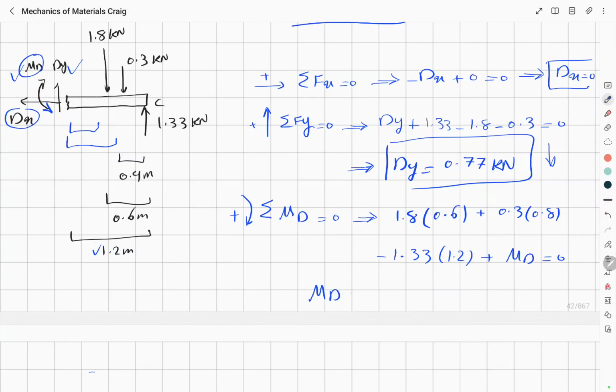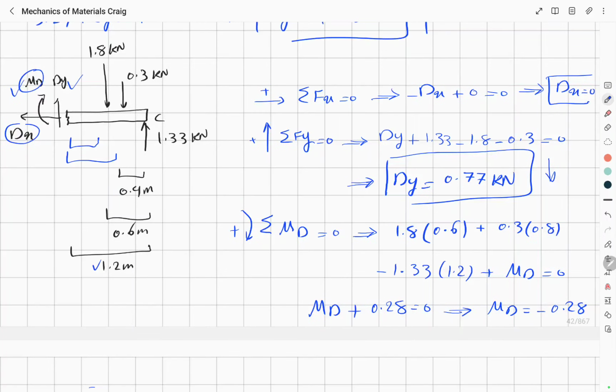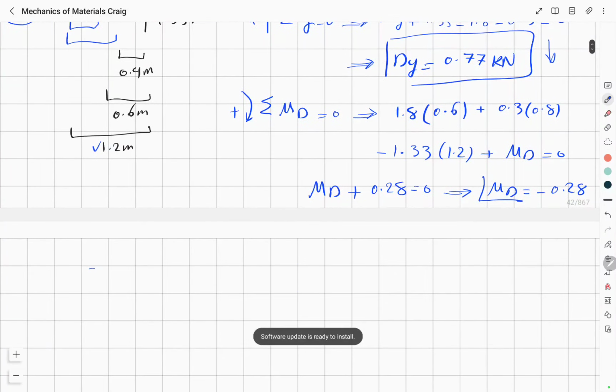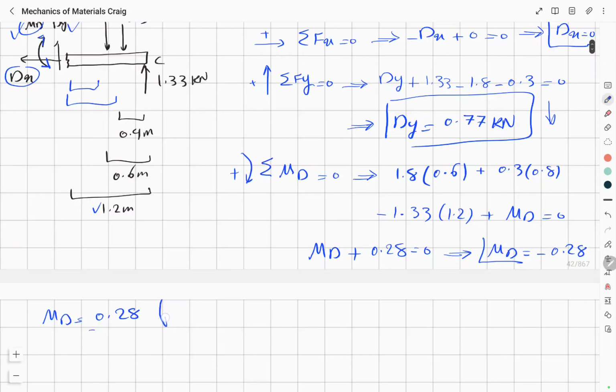So MD plus 0.28 is equal to 0, and MD would be equal to minus 0.28, which means that MD is actually in this direction, not in this direction. So we can write MD is equal to 0.28 in this direction, and the unit is kilonewton meter.